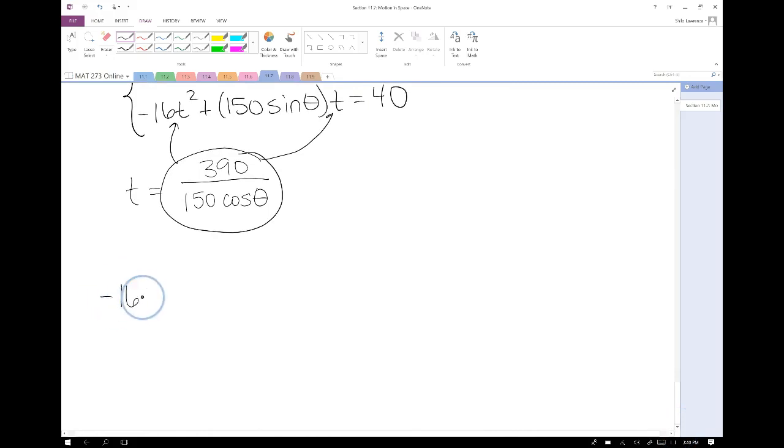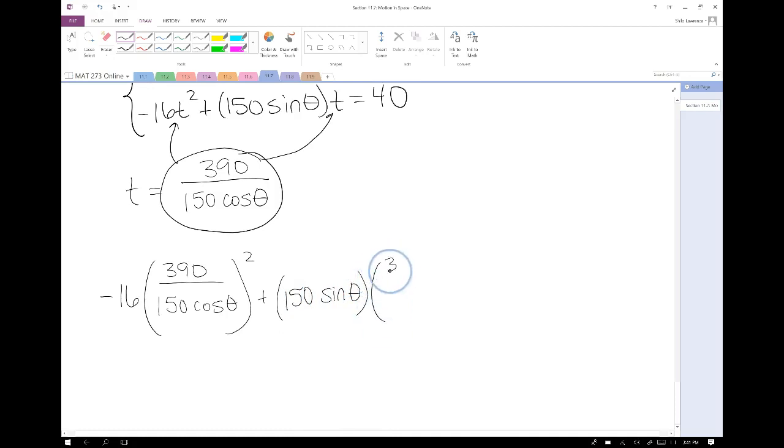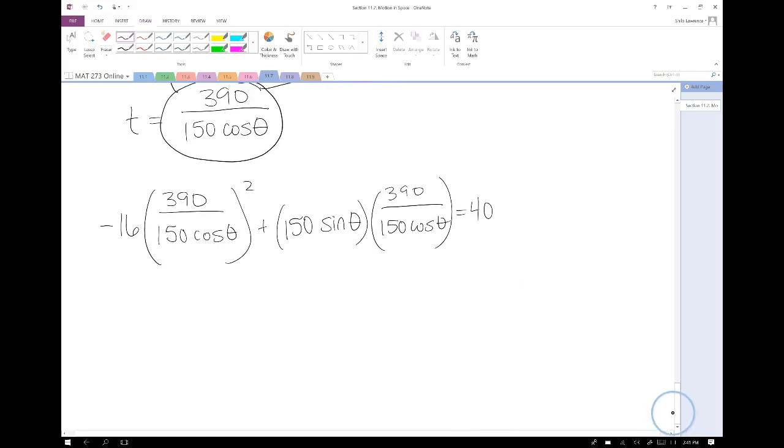So I'm going to have negative 16 times that t value squared plus 150 sine theta times the t value equals 40. So it's still fairly complicated, but it now only contains one variable, so that's really helpful.